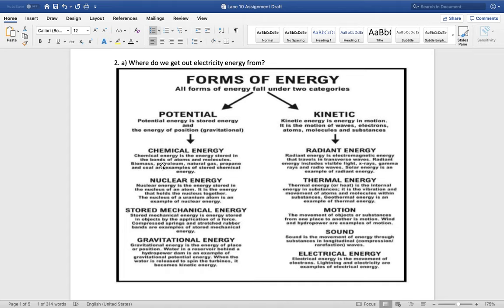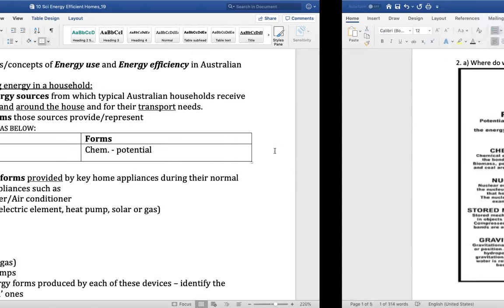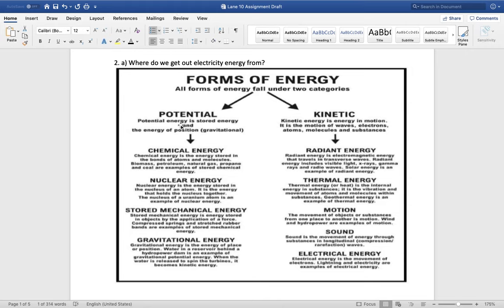You need to look at what forms of energy, you can use this diagram, actually come from the energy sources that you provide. So for example, for wood, we would burn it to produce energy. So we would actually say that it has chemical potential energy stored in it. So we come down to potential energy and we would say that it's actually chemical potential energy.